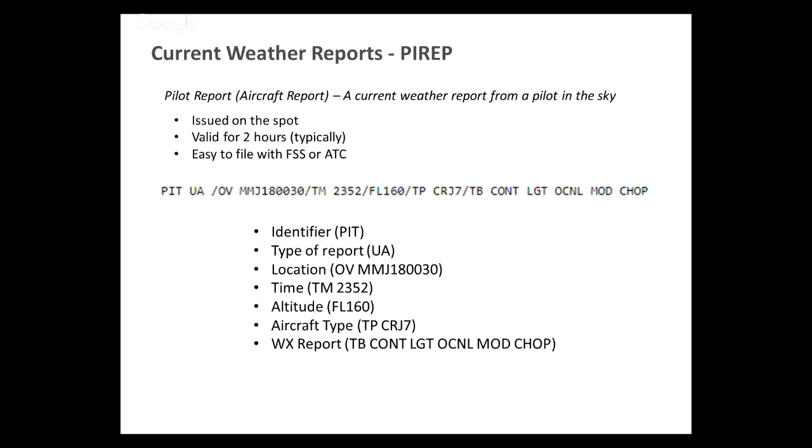In this particular case, continuous turbulence, light, and occasional moderate chop. So this particular pilot was saying, hey, I've got continuous light turbulence, so there's continuous bumpiness, and then occasionally there will be some chop, meaning you'll hit a big bump and you'll get what's called chop.